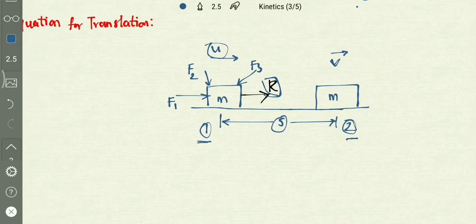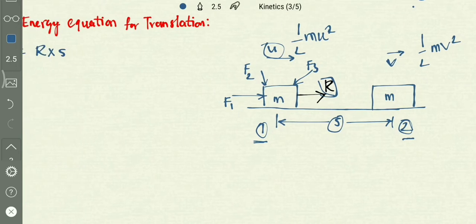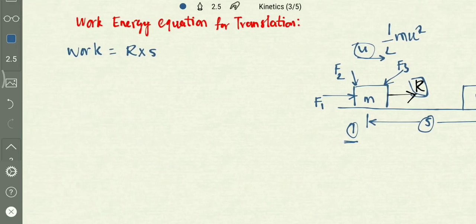The body has half m u square energy at position number 1. Here it has half m v square energy. This is kinetic energy. The change in kinetic energy is the actual energy to do this work.